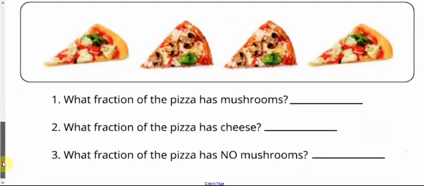Now let's see the pizza. What fraction of the pizza has mushrooms? I have 2 of the slices with mushroom, so this will be 2 out of 4. And as we said before, 2 out of 4 means that it's half of the pizza. I have 2 slices out of 4 slices, and 2 is half of 4, so it's equal to half.